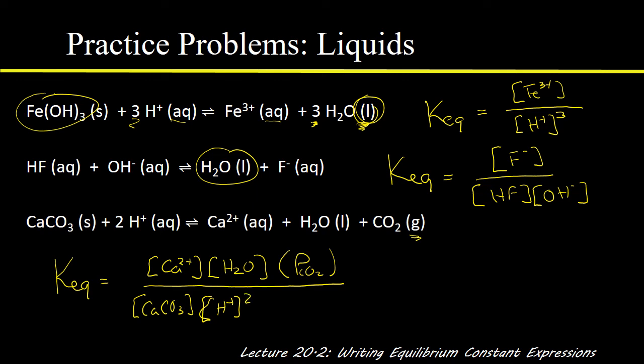All right. Now, the water is a liquid. It's a pure liquid, so that's just going to be a 1. The calcium carbonate is a solid. We'll assume it's a pure solid, so that's going to be a 1.